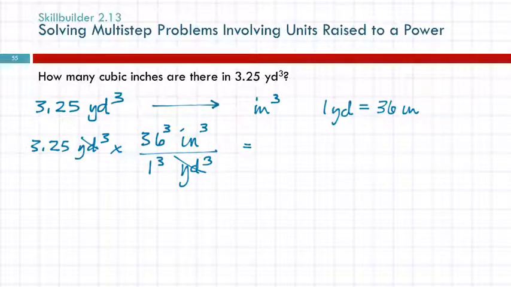Okay? 3.25 times 36 raised to the third power. If you don't want to do that, you can just multiply by 36 3 times, 36 times 36 times 36. And my calculator says 151,632 cubic inches.